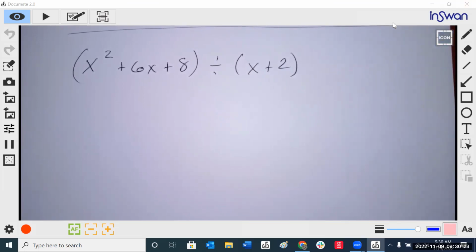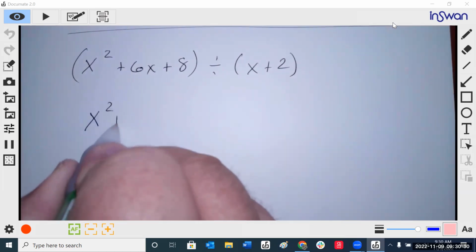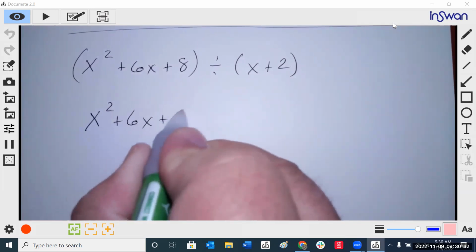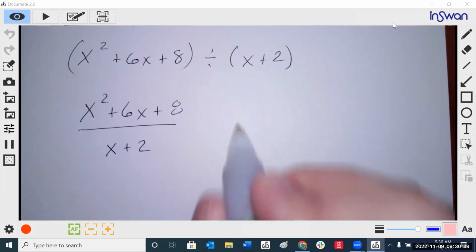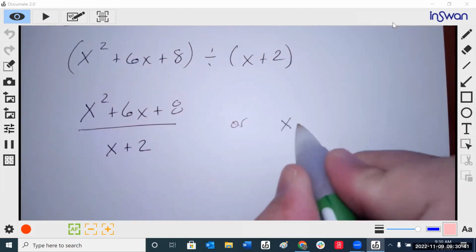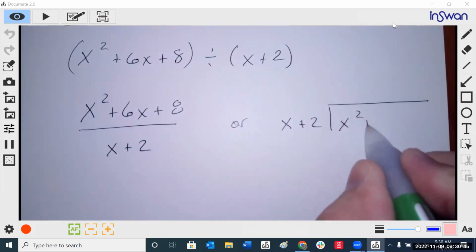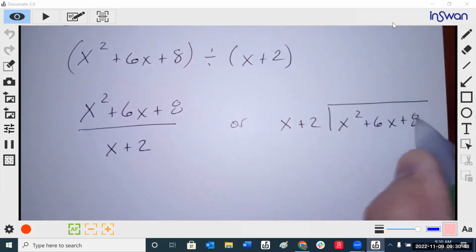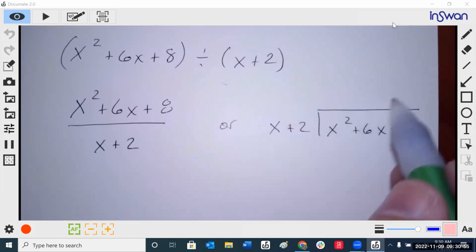So what do you think that tells us to do first? What do we have to do? How do we rewrite this? We can do it this way, or we can do it this way. All three of these mean the same thing. This is the method we're going to need to use.